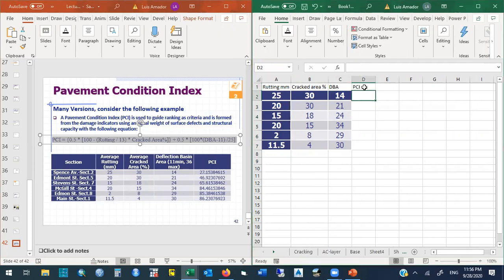So I have rutting: 0.5 times 100 minus the rutting divided by 13. You see how 13 is my limiting criteria, right? 13 millimeters, that's where that is coming from. And I am increasing that by the crack area in percentage.